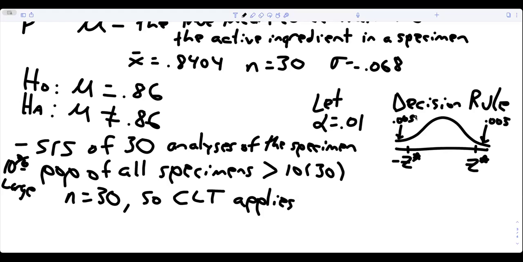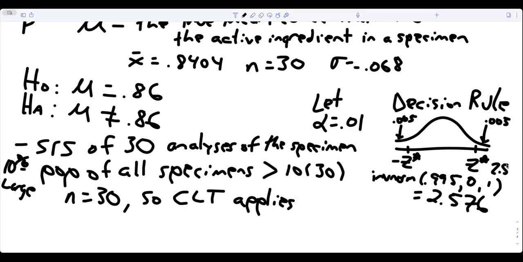If you do inverse norm of 0.995, you're going to get 2.576. So this would be 2.576, and this over here would be negative 2.576.